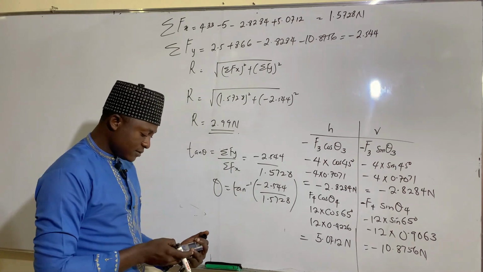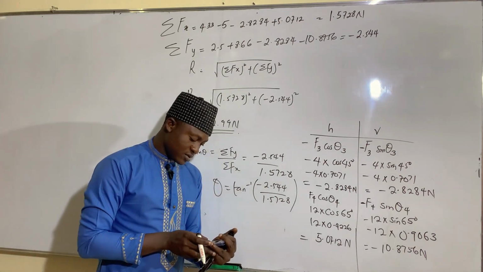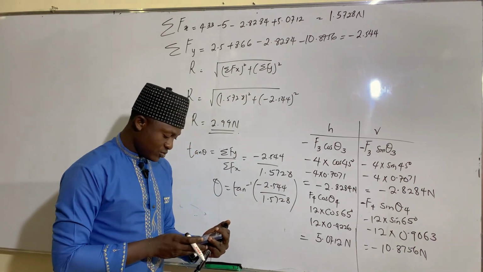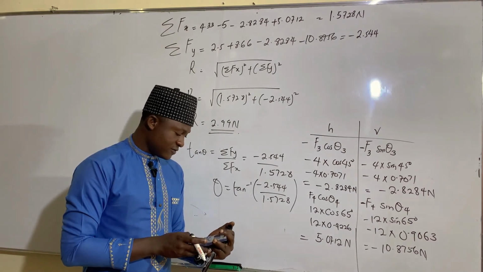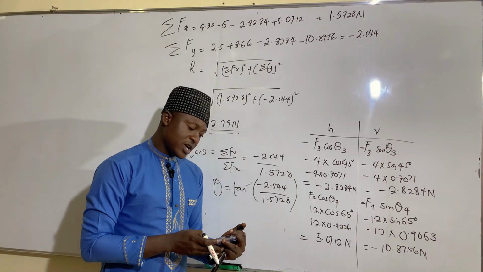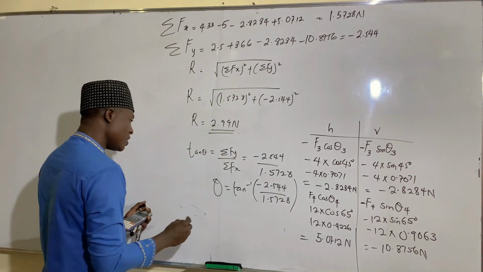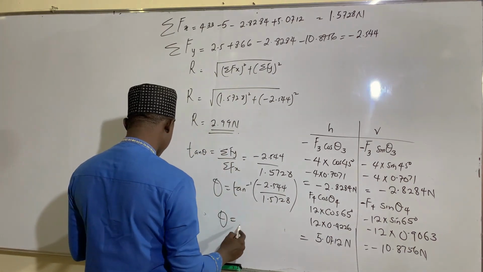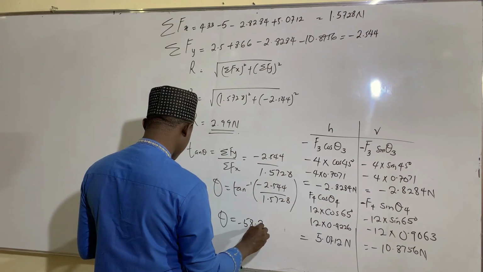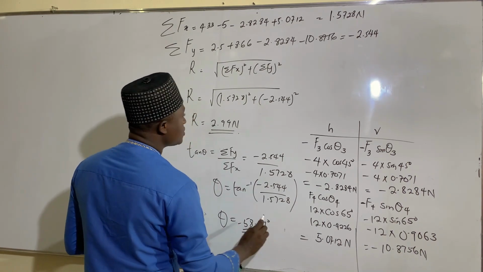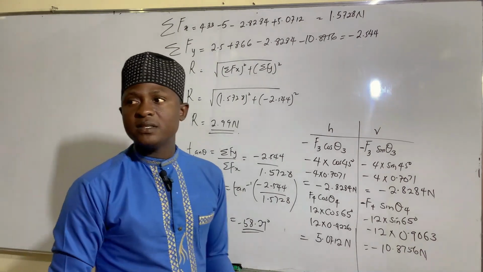Shift tan inverse. If you do that, the result will be negative because of the value that we have, depending on the problem: 58.27 degrees. So that's all about what we have for resolution of forces.